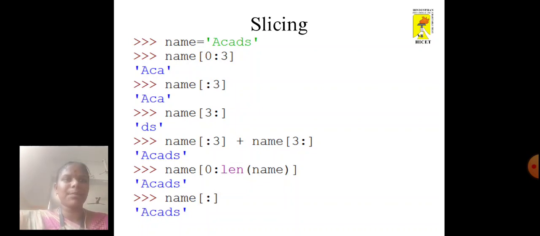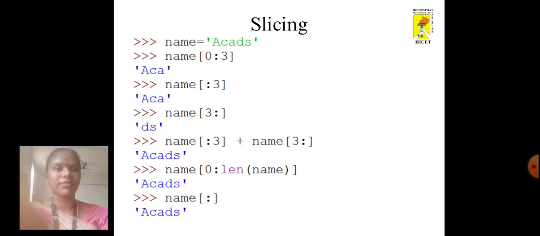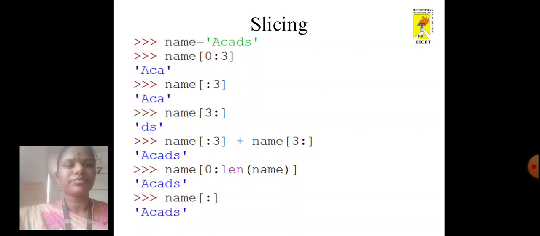In the second example, the starting value is not given, so 0 is considered as the starting value. In the third example, 3 is the start value, and the end value by default is considered as n minus 1.